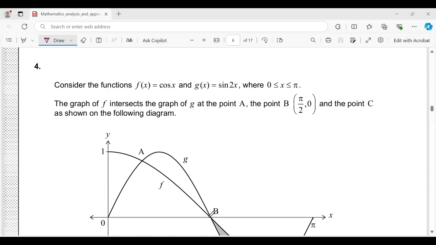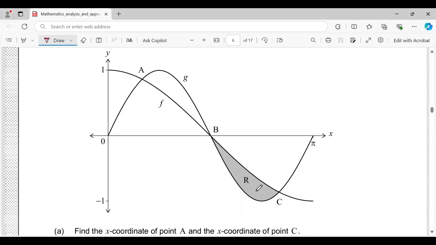This is pi over 2. And the point C are shown on the following diagram. This is the point C. Coordinate point A, coordinate point B, coordinate point C. So there are 3 intercept points.